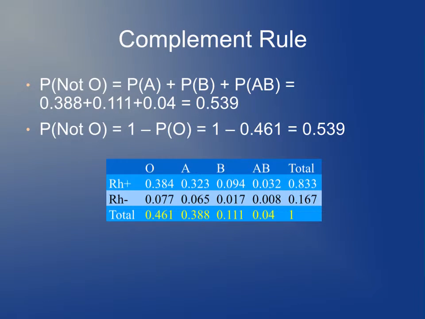And if you want to find the probability that you don't have type O blood, you can use something called the complement rule, which takes advantage of the fact that all probabilities have to sum up to 1. The first way that we can find the probability that a person does not have O positive blood is just to sum up all the individual outcomes that make up that particular event.